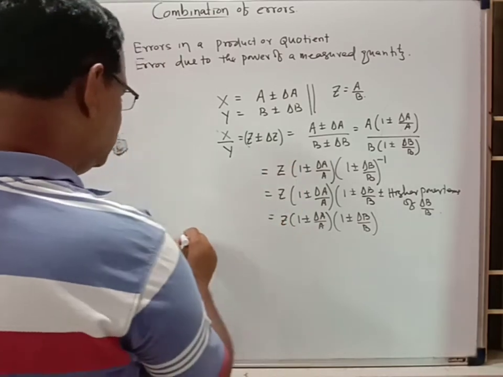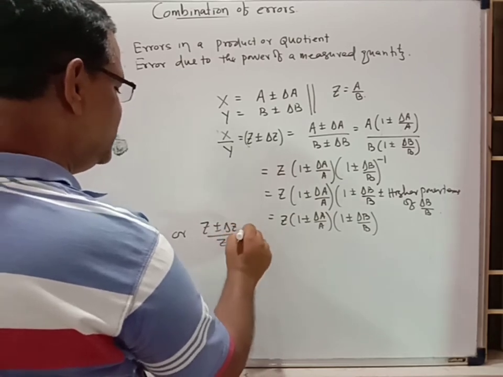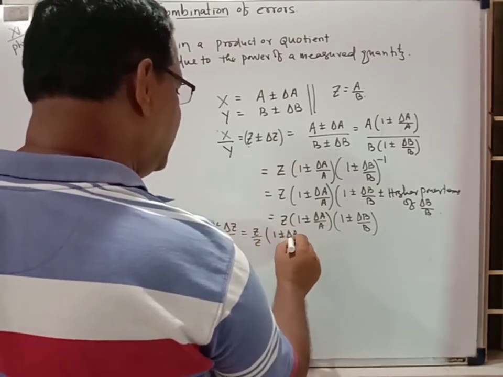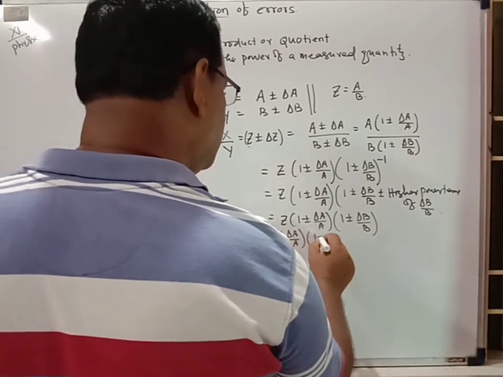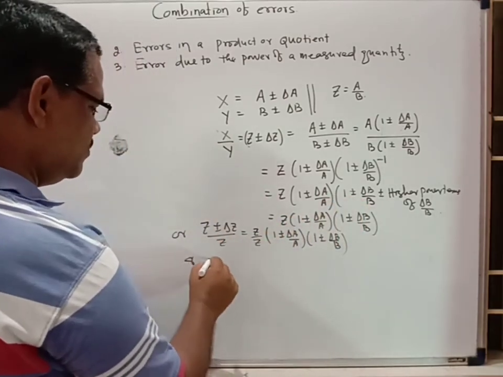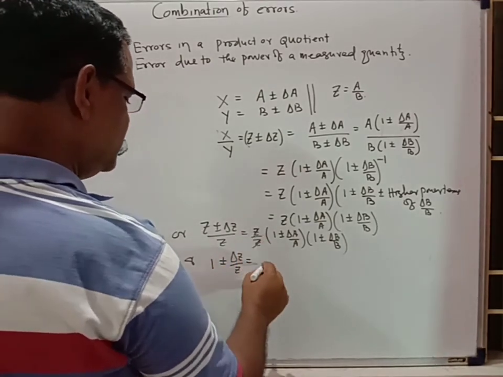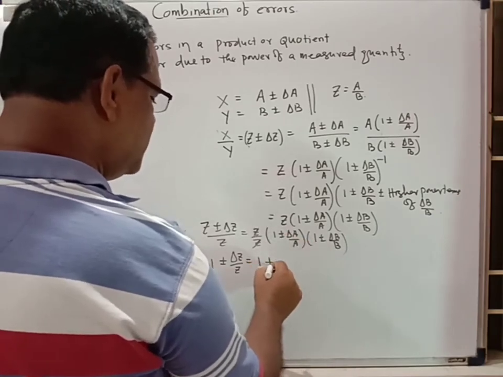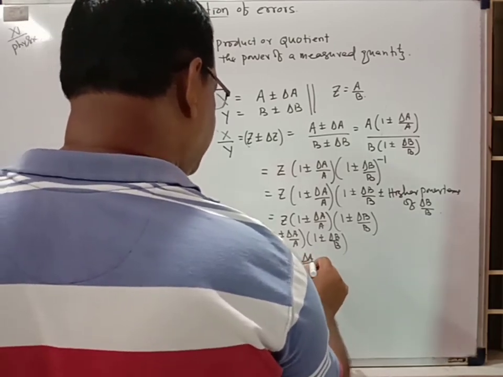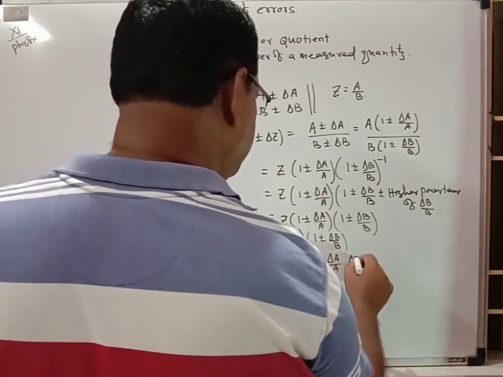If you divide it by Z, that is (Z ± ΔZ)/Z equals Z/Z, and you are getting (1 ± ΔA/A) into (1 ± ΔB/B), just like in the multiplication case. So 1 ± ΔZ/Z, and the right side will be 1 into 1, equal to 1 ± ΔB/B ± ΔA/A ± (ΔA/A)(ΔB/B).